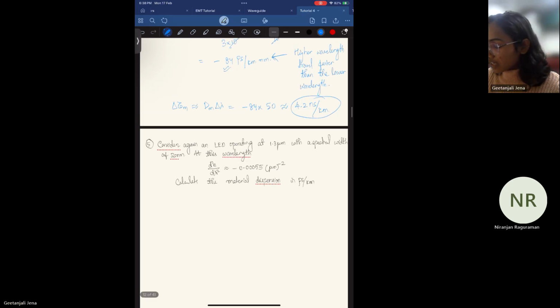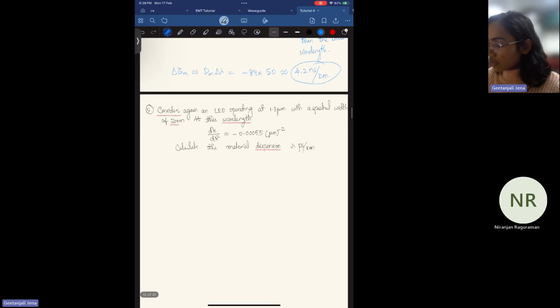Okay. So I think the fifth question is also similar to the previous one. So let us quickly solve it. We have an LED operating at wavelength 1.3 micrometer with a spectral width of 20 nanometer, and only the values are different now. So Dm will be minus lambda by c d square n d lambda square.